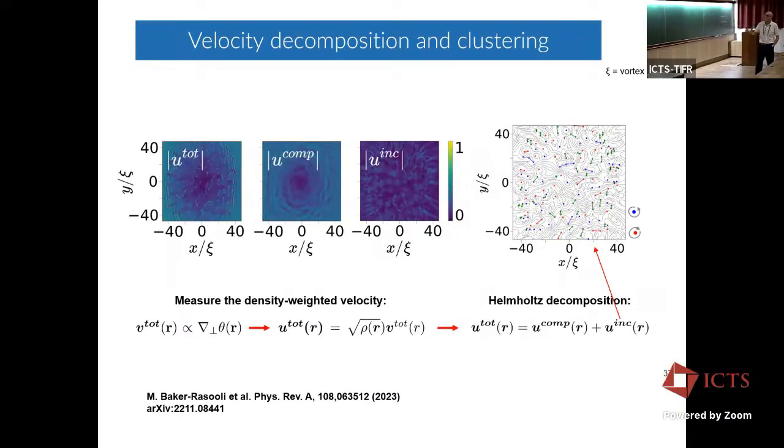Then, of course, thanks to the fact that we have the phase, we can also extract the fluid velocity field, and then measure the density-weighted velocity. Using the Helmholtz decomposition, we can separate the fluid velocity into compressible and incompressible parts.